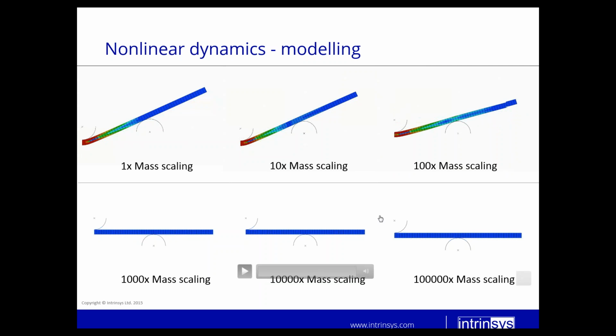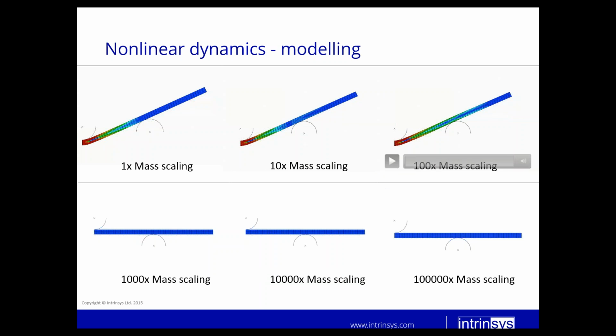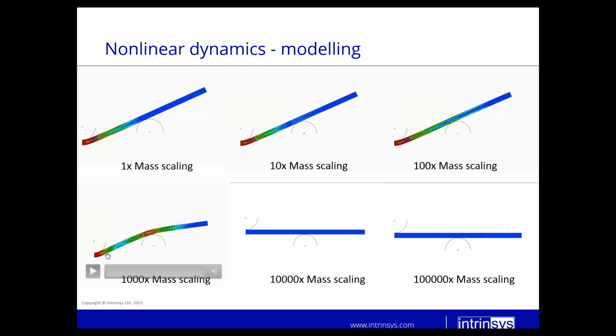But as you can see, as we increase speed to 100 times, we get significantly different results here. With 1000, the behavior is completely different. So instead of a straight bent part with local plastic deformation, now we get two local plastic areas.